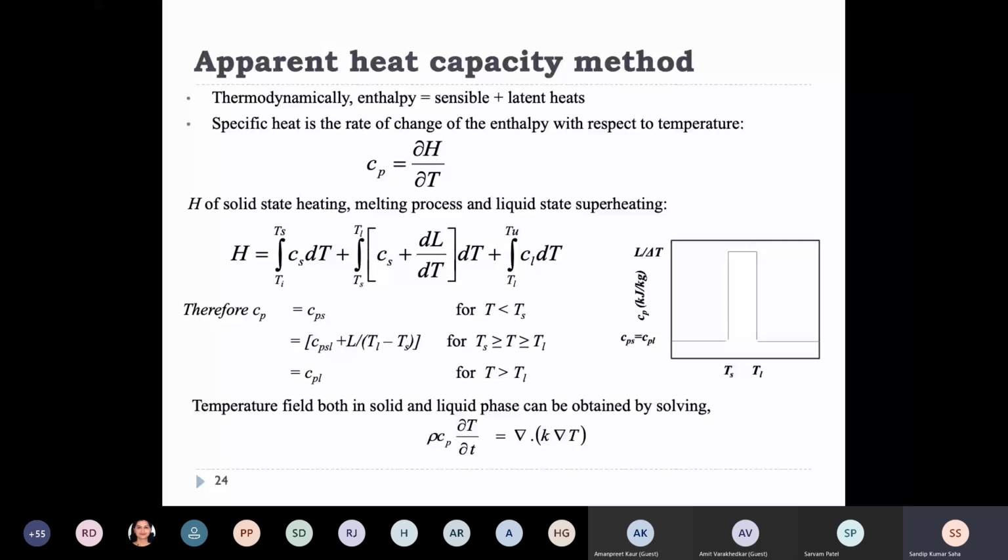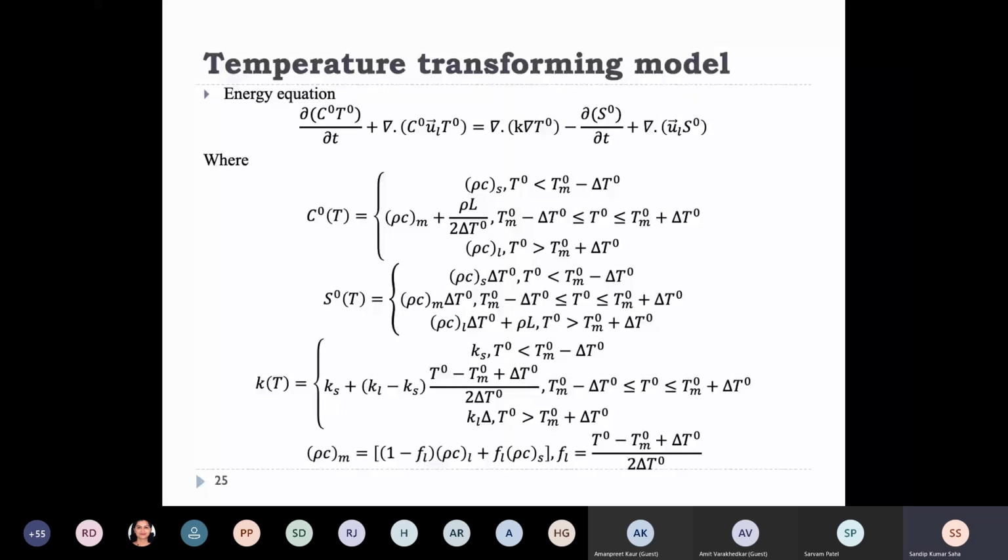Now the third model is called the temperature transforming model. It has been seen that there are stability issues as well as convergence issues associated with these two methods, if you are not setting the time step value and delta x value within some range, because finding that range for a given application is a trial and error method.